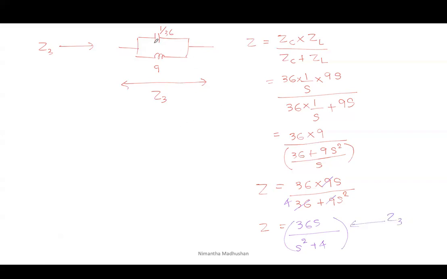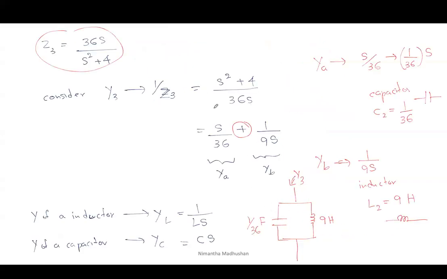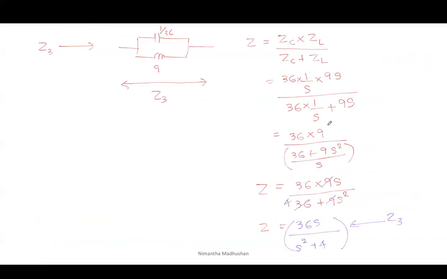If you want to verify this circuit, this component is Z3 obtained by this process. In this one, first I consider the admittance value and break it into two parts and construct that component. Then I prove that the construction is correct by calculating the impedance value.